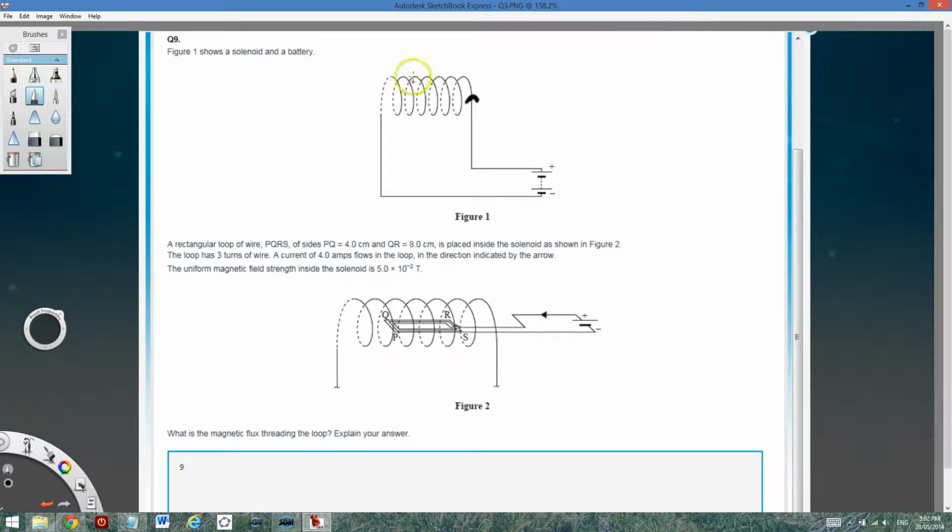So if I cut it in half, I draw a cross-section area. So the current on the outside, say if this is the outside, goes up. Use your right hand grab rule.